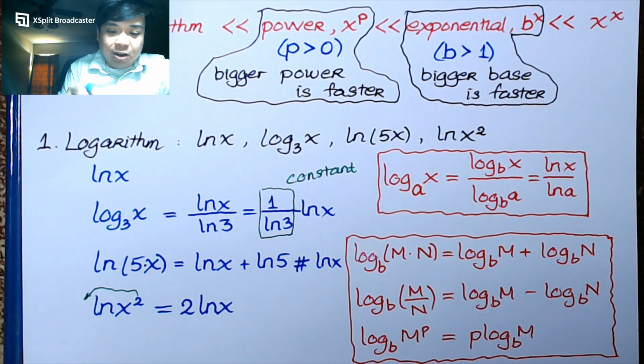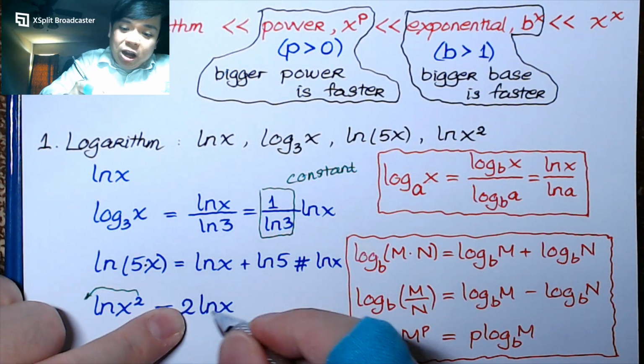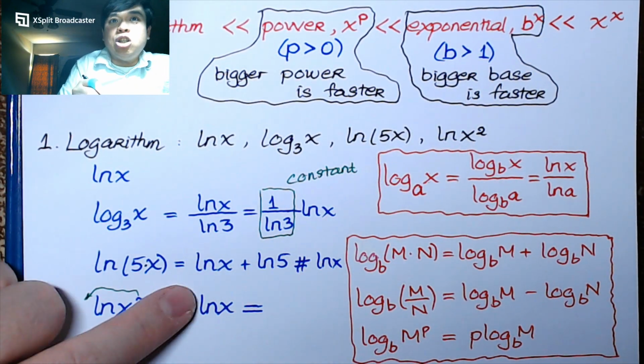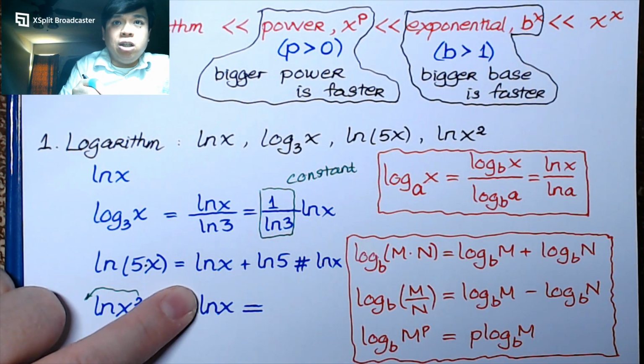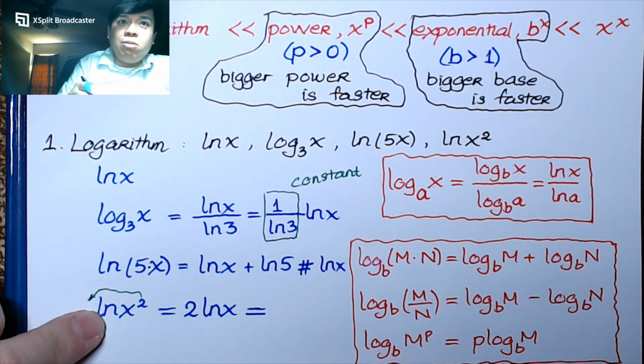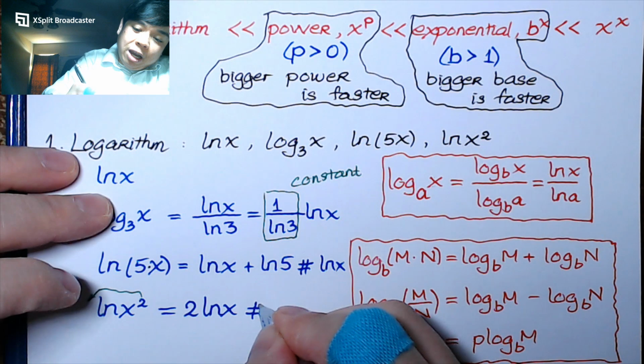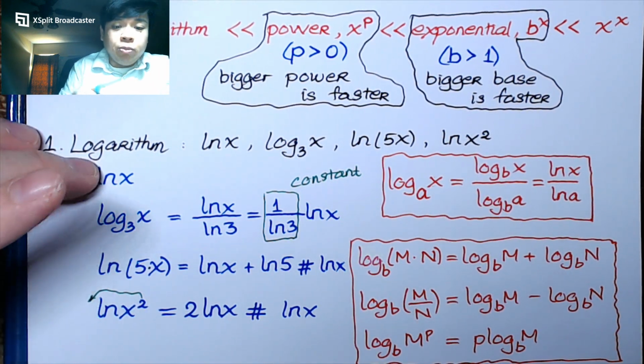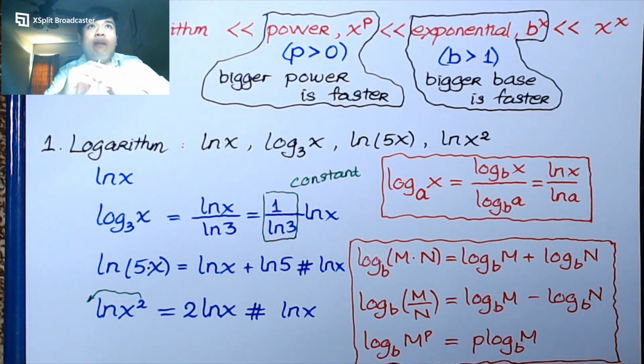Now this is a constant multiplier, therefore there's no effect in the rate. So 2 ln of x, the same as ln of x squared, will have comparable rate with ln of x. So when all said and done, all of these log functions have comparable rates.